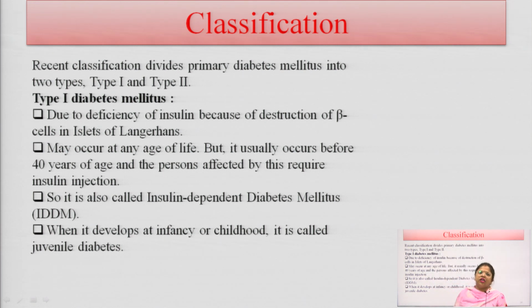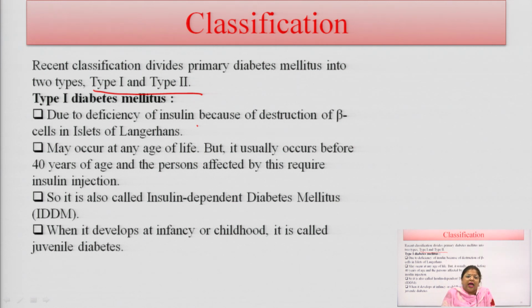What is the classification of this diabetes? Basically, diabetes is classified into two types, type 1 diabetes and type 2 diabetes. Type 1 diabetes is due to the deficiency of insulin or destruction of beta cells in the islets of the pancreas, or islets of Langerhans.